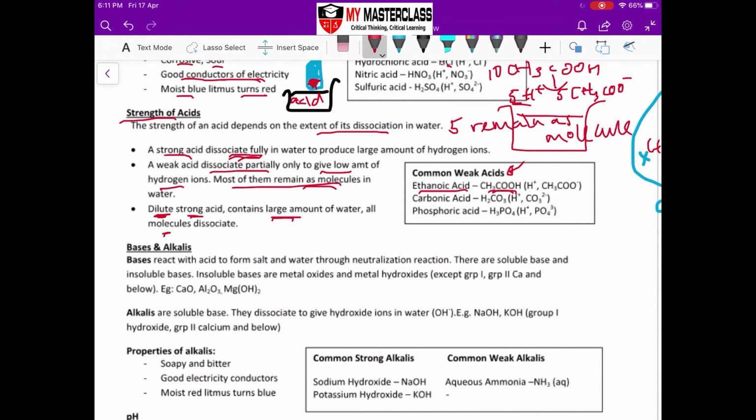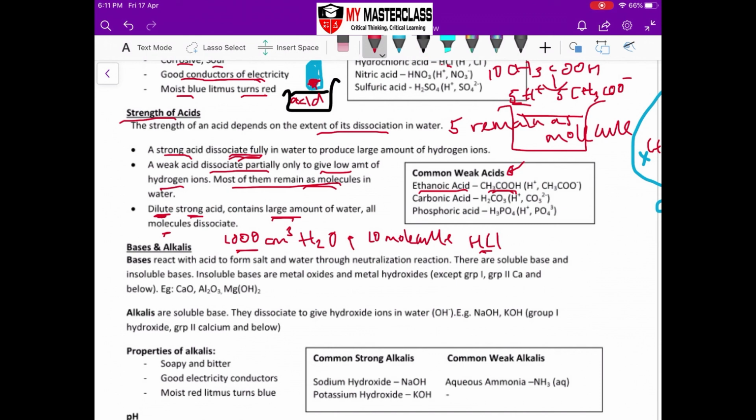So for example, if I have 1000 cm3 H2O, the water, and then I try to dissolve 10 molecules HCl, right? This one will be a dilute strong acid, because all 10 HCl will separate, but I dissolve it in a lot of water.